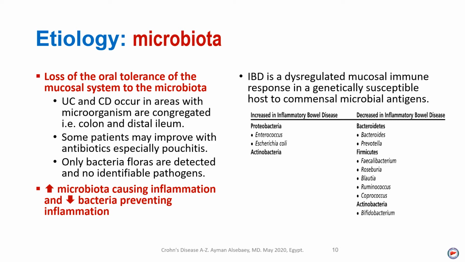they found that the third component for the occurrence of Crohn's disease is a change in the microbiota, in which there is loss of the oral tolerance of the mucosal system to the microbiota. We know that the GIT is full of millions of microbiota, and we can classify microbiota into beneficial microbiota and harmful microbiota. These microbiota aid in digestion. They are responsible for the generation of short-chain fatty acids from carbohydrates, which are very important for nourishment of the colon cells.